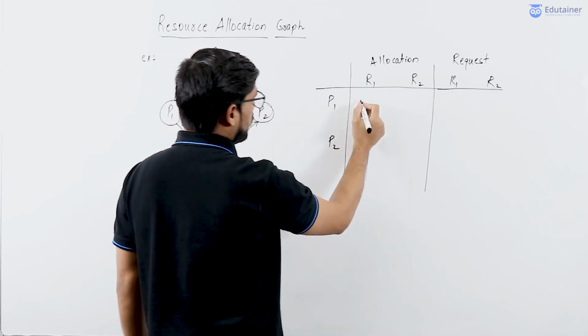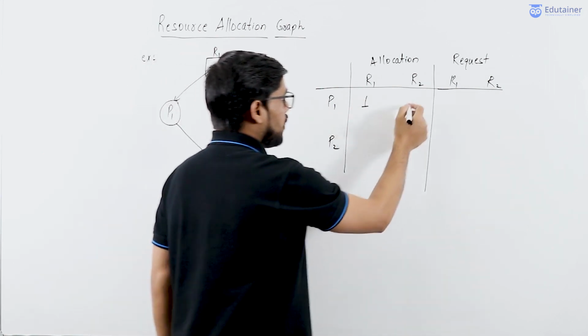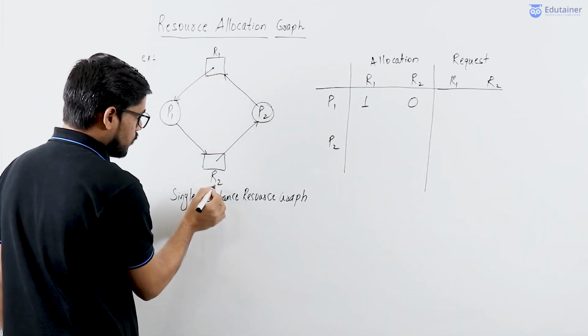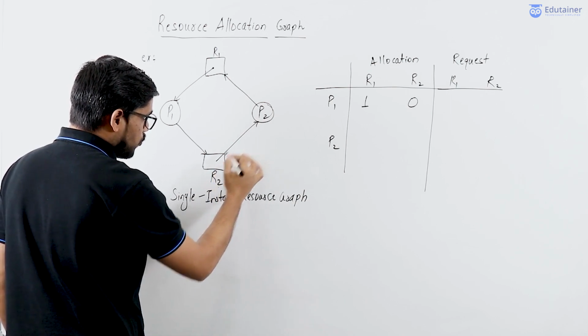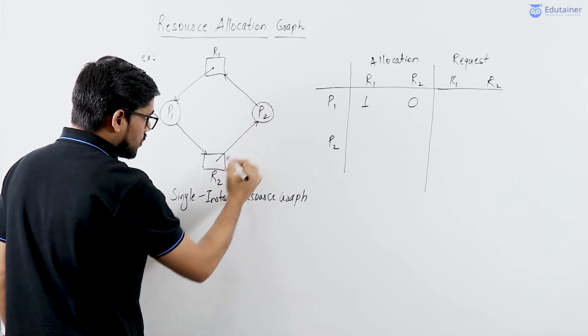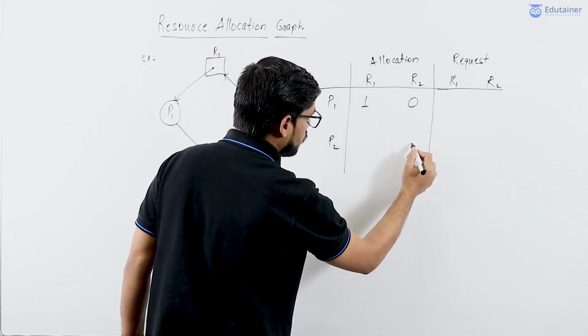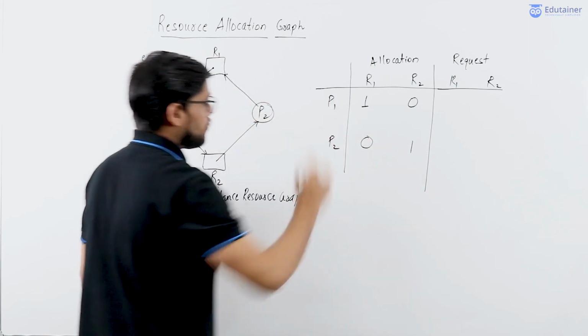R1 is allocated to P1, so I will fill it as value 1 and the other value will be 0. Similarly, for process P2, the direction of the edge is from R2 to P2. That means R2 is allocated to process P2, so here the value is 1 and here the value is 0.